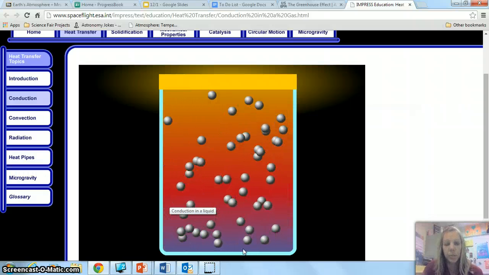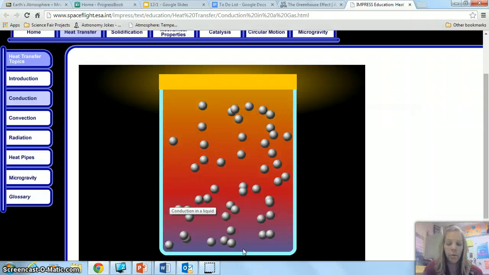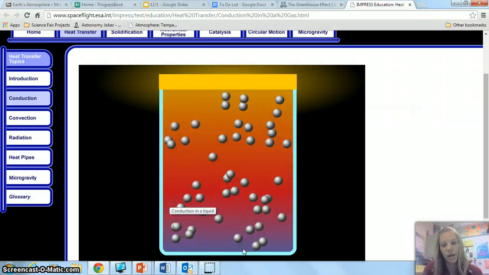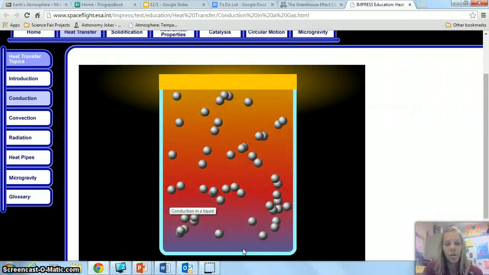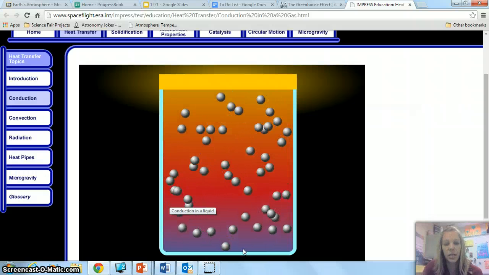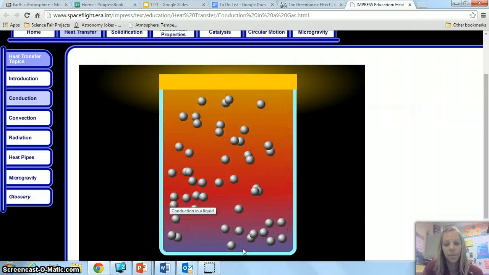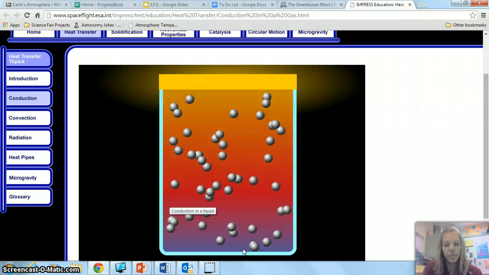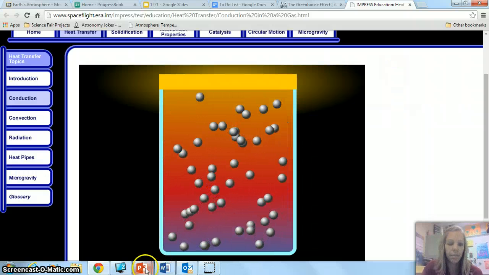And those are bumping each other, causing more to move fast and slowing the ones down that just bumped into them. So it kind of spreads out this heat energy throughout the substance. All right, back to the PowerPoint.